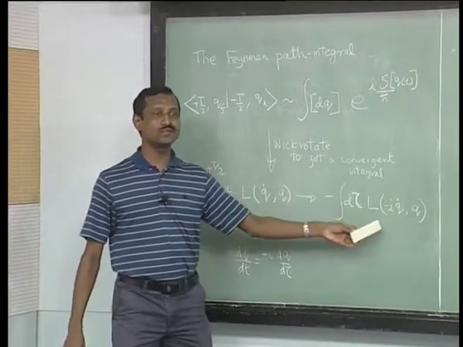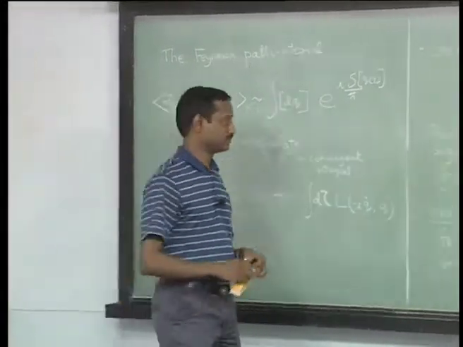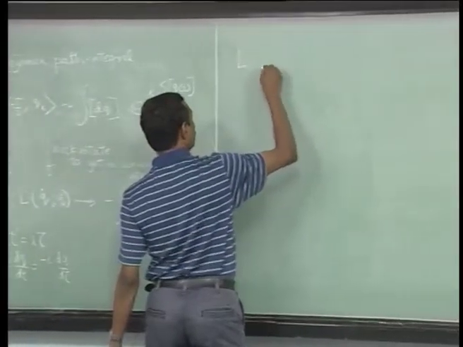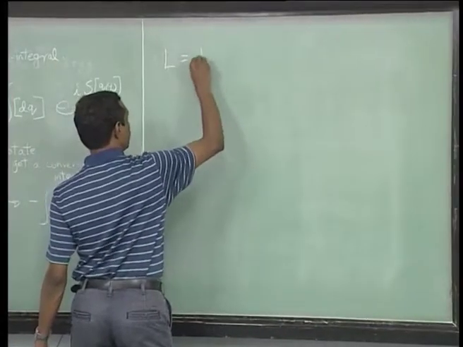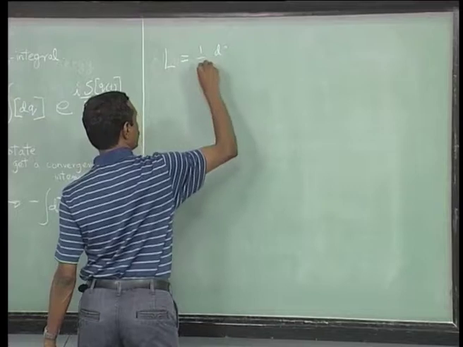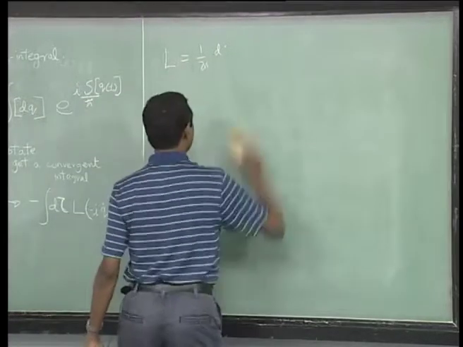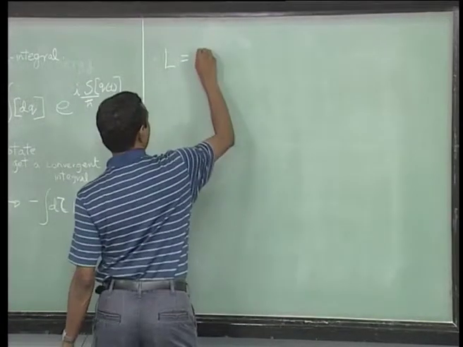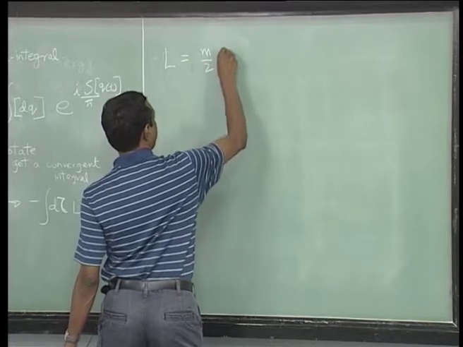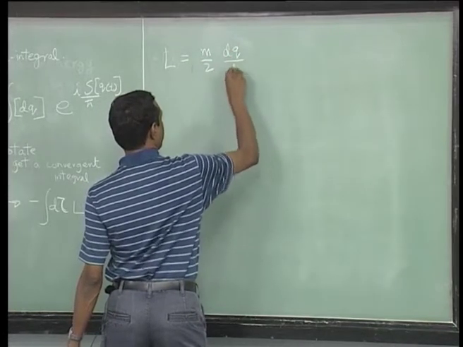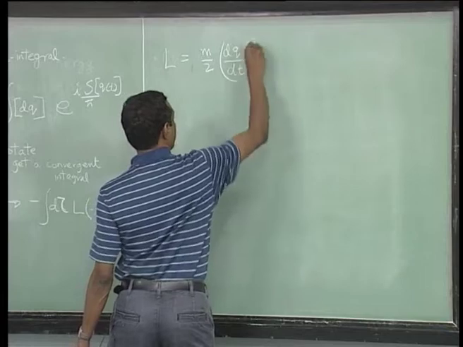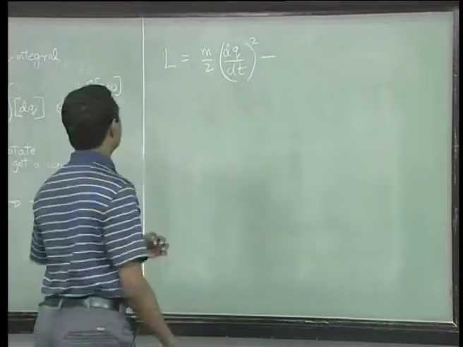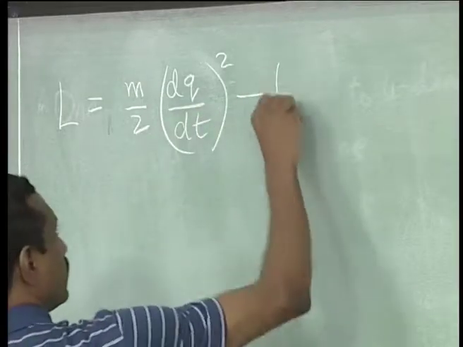Let us follow our nose and see what this implies. So let us take L to be half m v squared, so m by 2 q dot squared, minus U of q.